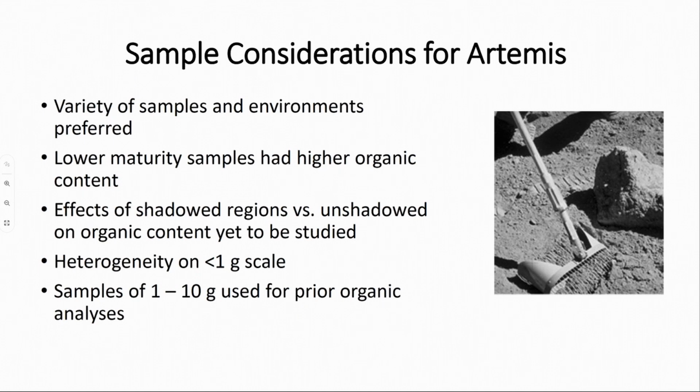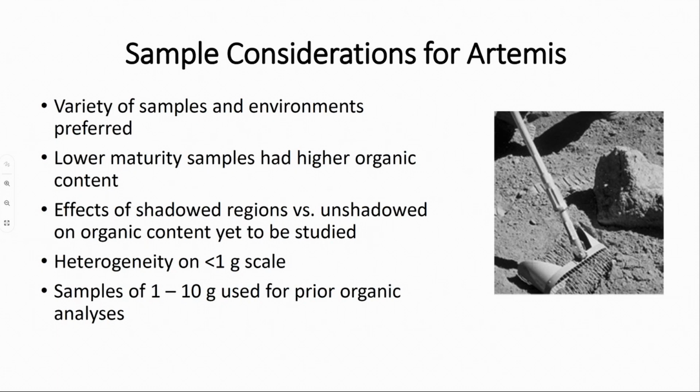We don't yet really know the effects of shadowed regions versus unshadowed regions on organic content. Some of those ANGSA frozen samples that we plan to analyze were collected in shadowed regions under overhangs from boulders versus sunlit regions, and we hope to see if that has a noticeable impact on the organic content.